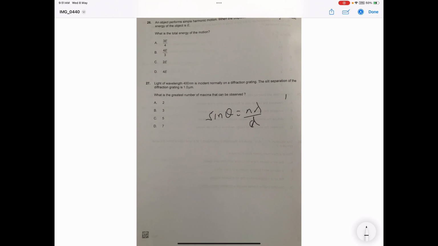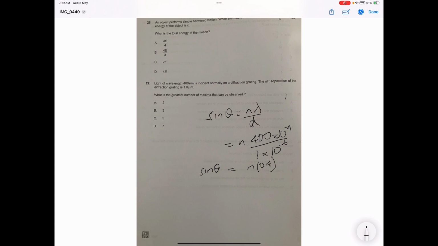So lambda is given as 400, this is 400 by 10 to minus 9. And slit separation is 1 by 10 to the minus 6 times n. So we put this into our calculator, we get sine theta is equal to n times 0.4.